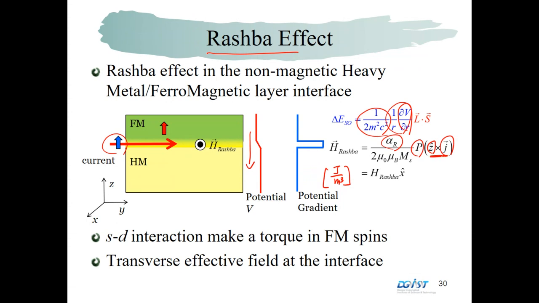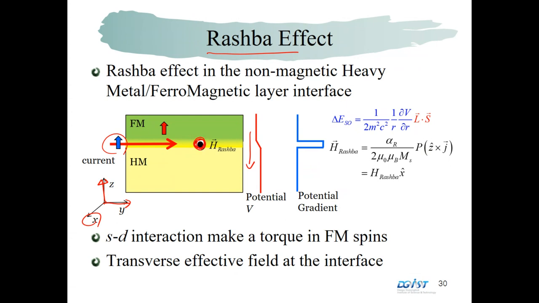With these terms, we can obtain the direction of x, and we can obtain the magnitude of H Rashba. It includes many complex physics, but in short, there is some kind of effective field at the interface in the x direction, which is perpendicular to the current direction and the gradient of the potential, the thickness direction of your multilayer system.